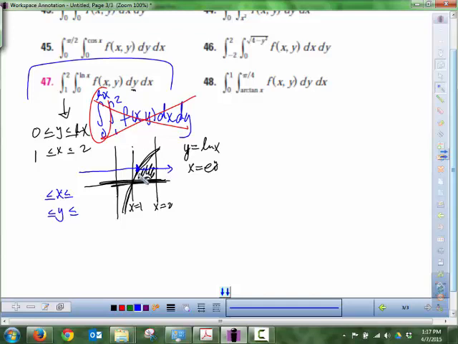I will enter my region when x is equal to e to the y, and I will exit my region when x is equal to 2. So those are my limits for x, the inner integral. And then y has to be constant, so my y value starts at 0 and it ends up here somewhere.